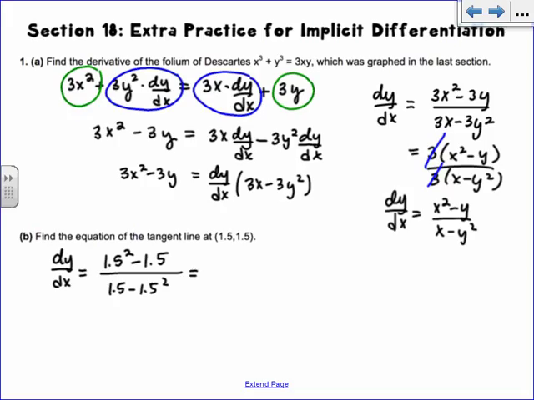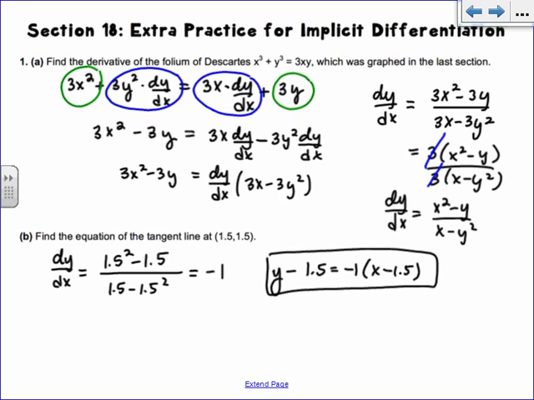It takes a lot of time. Do you guys know what it's going to be? -1, right? Because it's the same thing over itself, just one is a negative that you can pull out. So it ends up being -1. Don't waste a lot of time doing that when you can use tricks. So your equation of the tangent line is y minus 1.5 equals -1 times x minus 1.5. Okay, so that's part B.